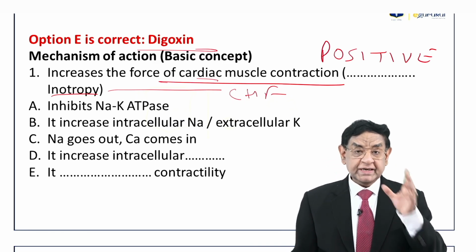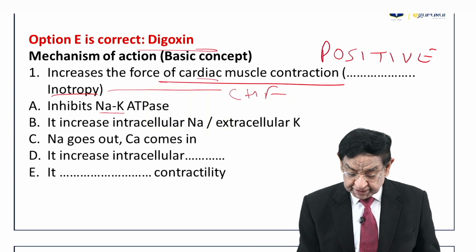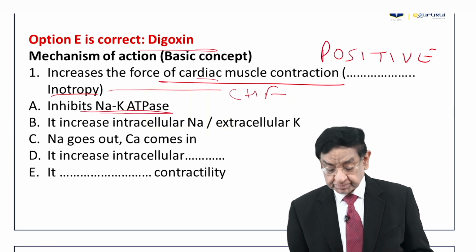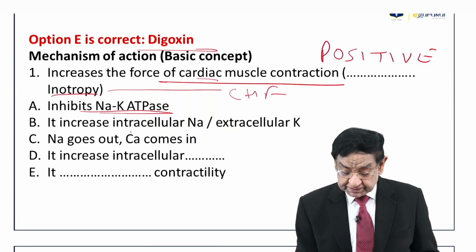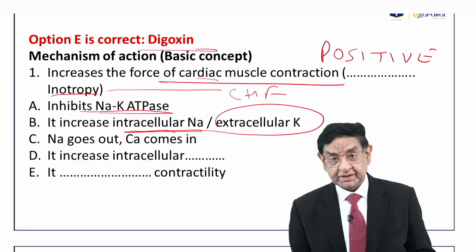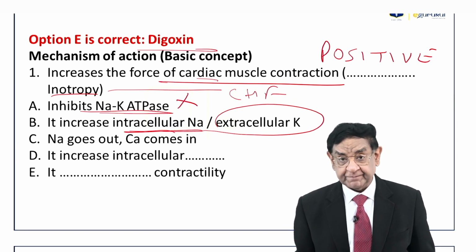Now, it inhibits the enzyme sodium potassium ATPase, and this leads to an increase in intracellular sodium and extracellular potassium because this enzyme is not working.